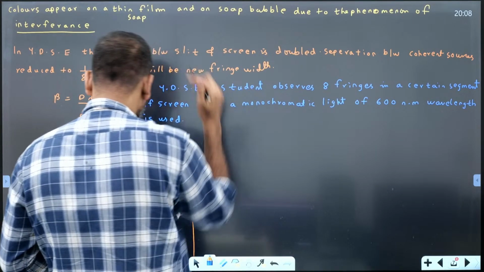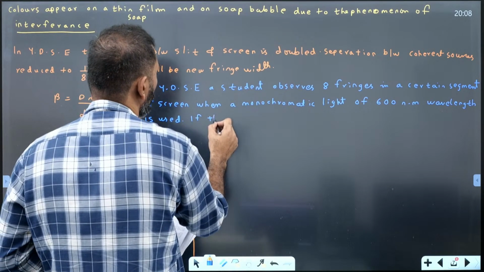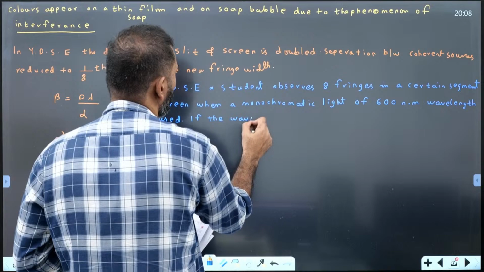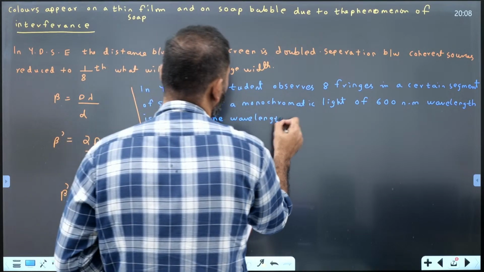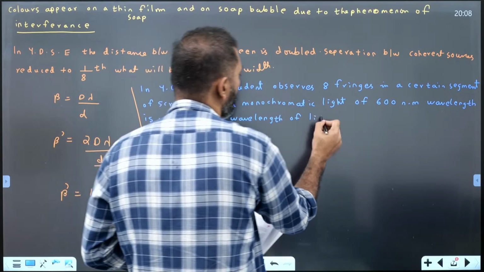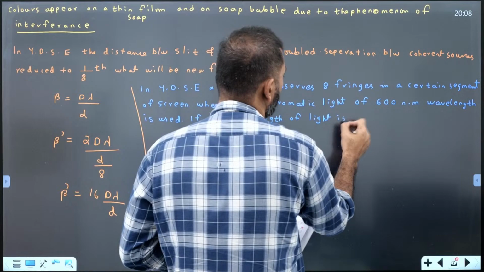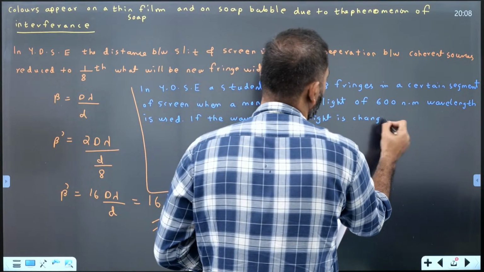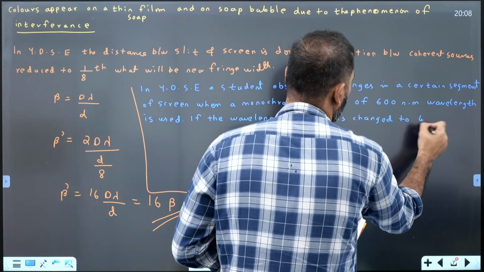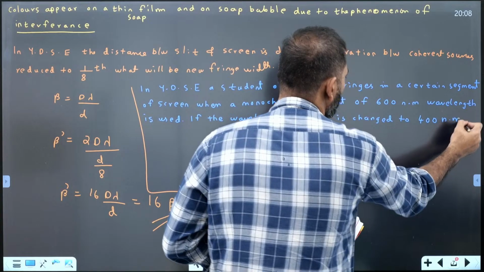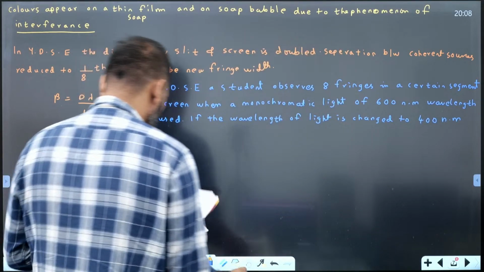If the wavelength of light is changed to 400 nanometer, so wavelength is changing to 400 nanometer.